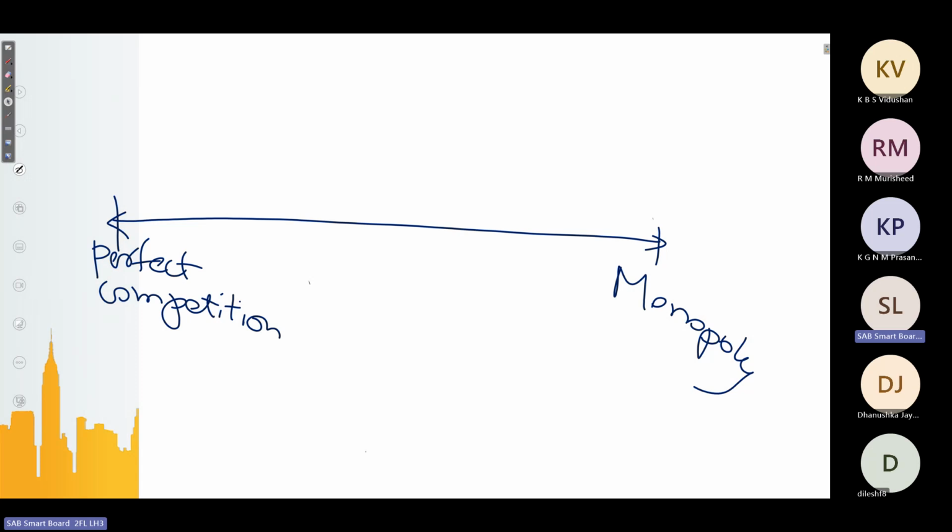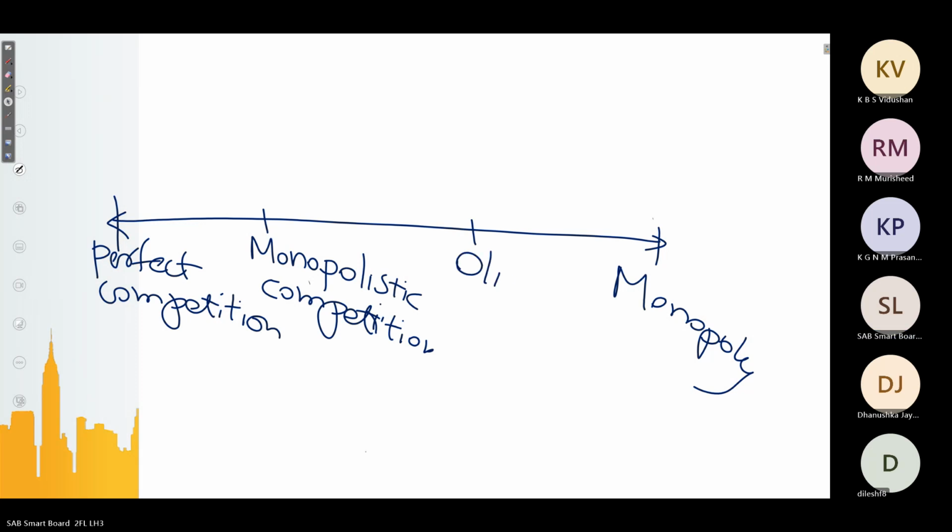Is monopolistic competition closer to perfect competition or to monopoly? Monopolistic competition is closer to perfect competition, and oligopoly is closer to monopoly.